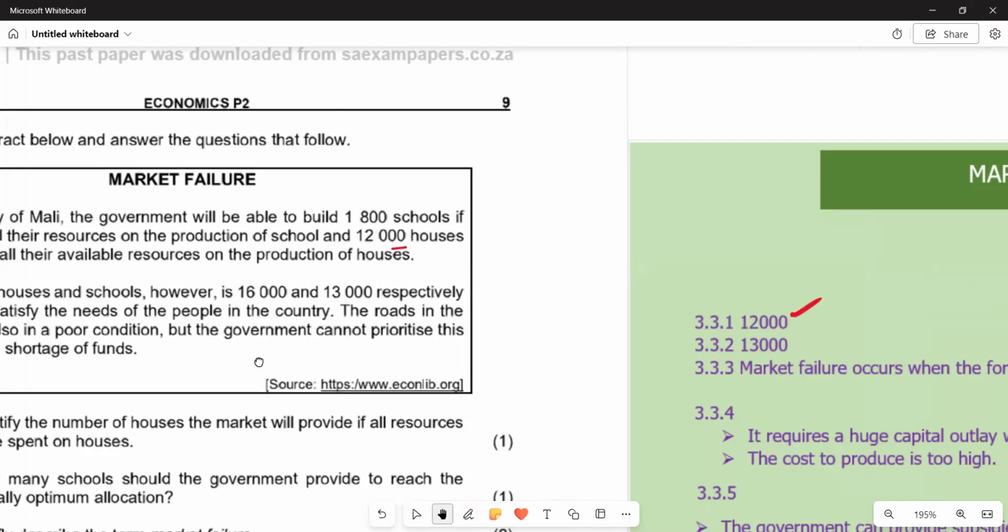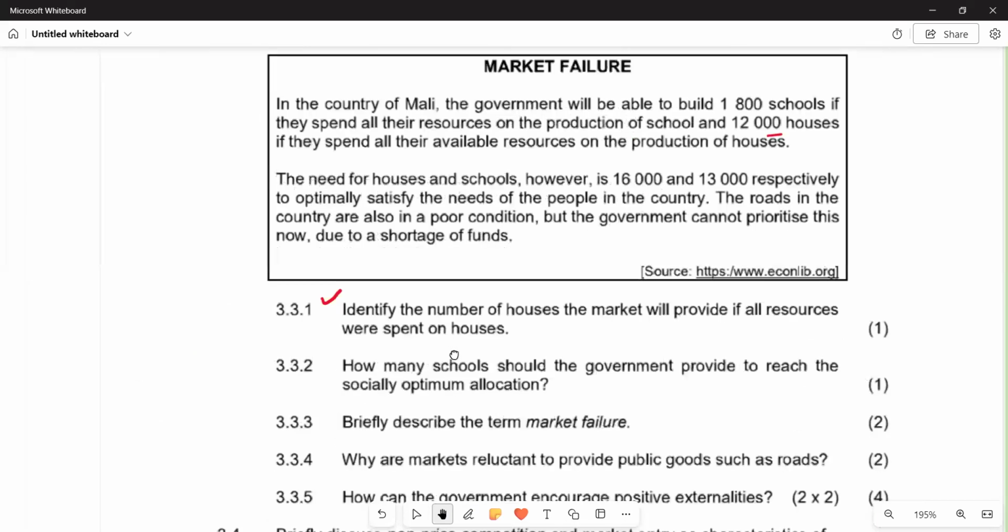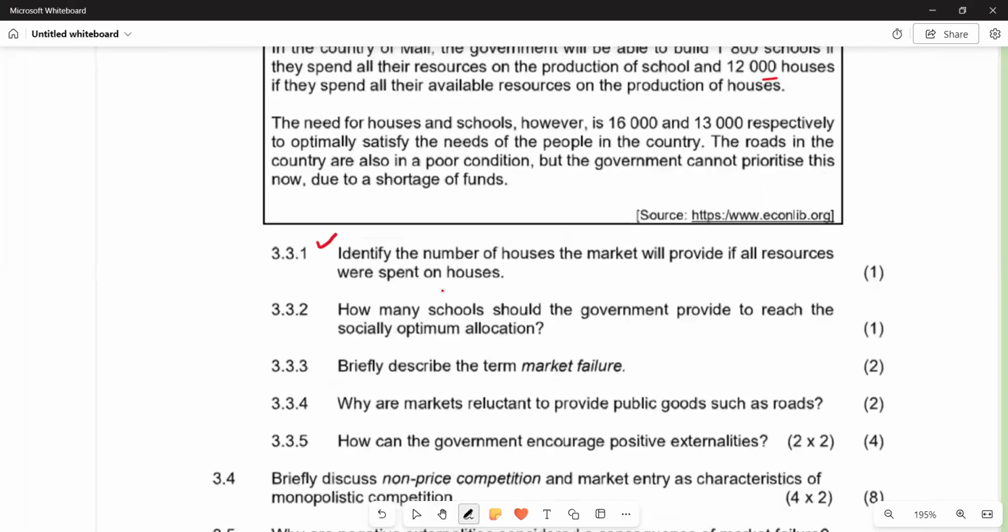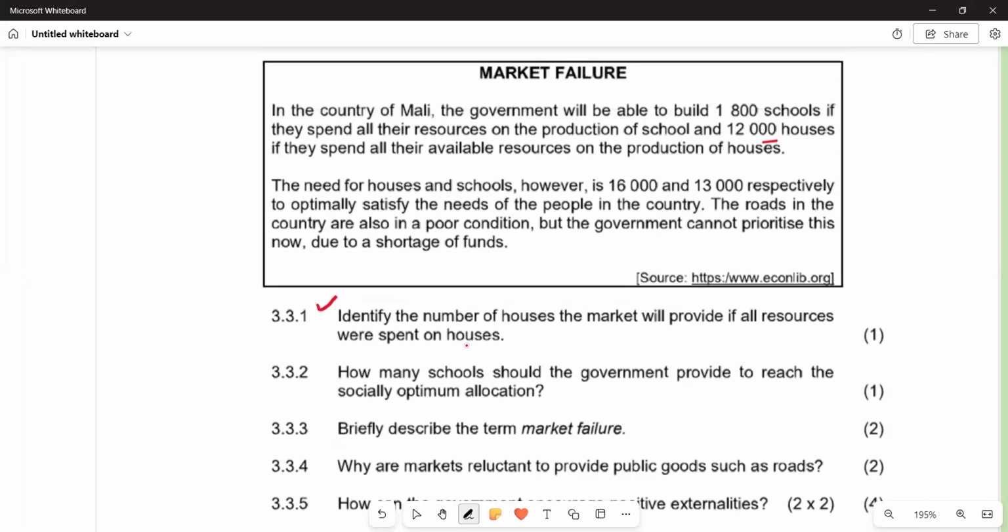So we can go to the next question, which is 3.3.2, which says, how many schools should the government provide to reach the socially optimum allocation? You see that the social optimum allocation is indicated in the second paragraph, where it reads, the need for houses and schools, however, is 16,000 and 13,000 respectively to optimally satisfy the needs of the people in the country. So social optimum is indicated on the basis of the needs of the people.